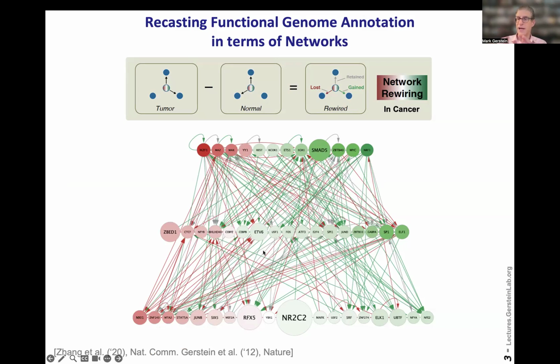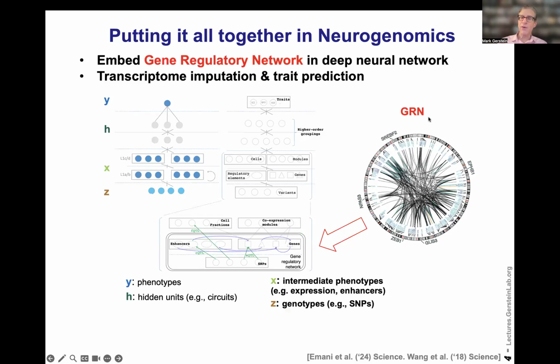And then we also look at how the regulation changes. For instance, this shows how the regulation changes in cancer, where it's colored in terms of the rewiring in cancer. Now, we can take these network representations and use them as a concise representation of a lot of genetic and functional genomic data.